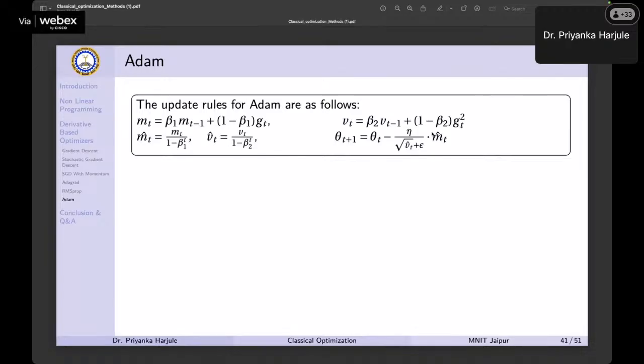And then you have the bias correction for both, m hat, the momentum, as well as v hat, the RMSprop type.